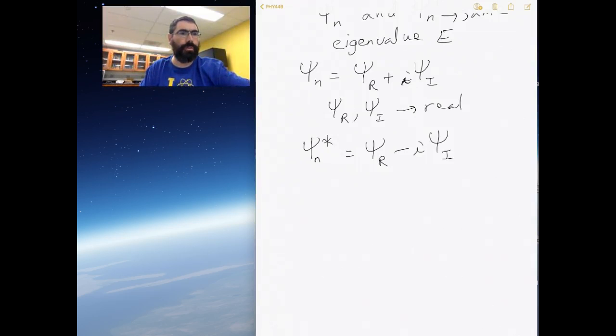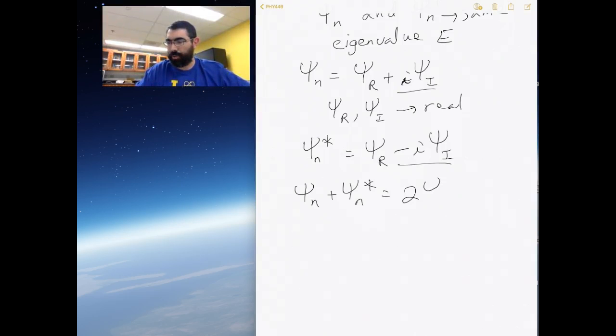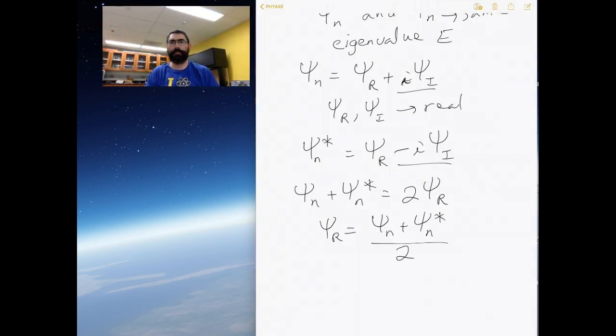And now I can manipulate them, and if I add them together, then the two imaginary pieces subtract, and I'm left with 2 times the real part of the wave function. So now I can write the real part of the wave function as a sum of psi and psi star, divided by 2.